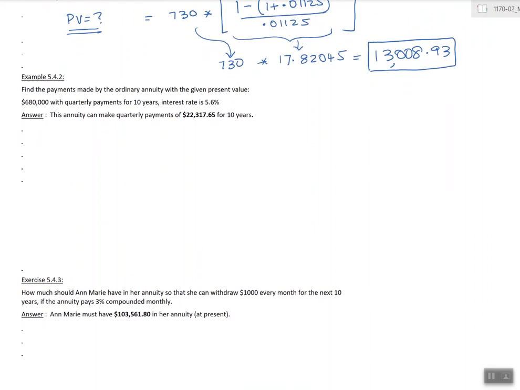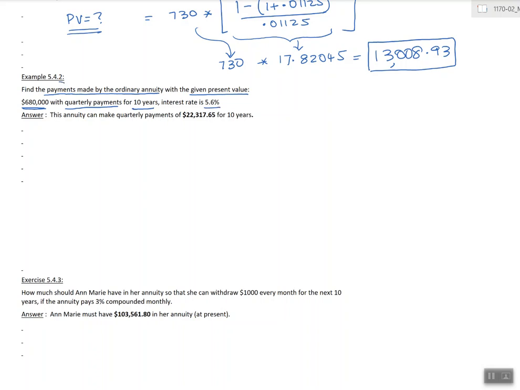Another example. Find the payments made by an ordinary annuity with the given present value. So that means the present value is $680,000. It's going to make quarterly payments for 10 years and the interest rate is 5.6%.